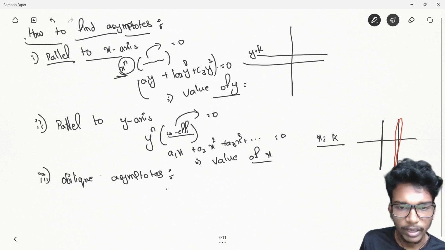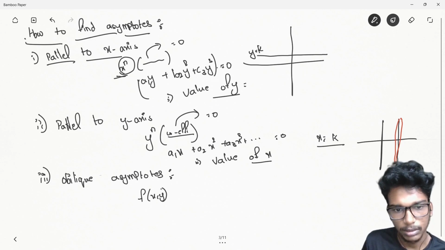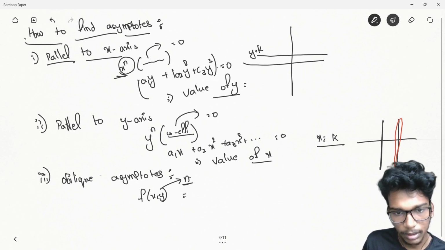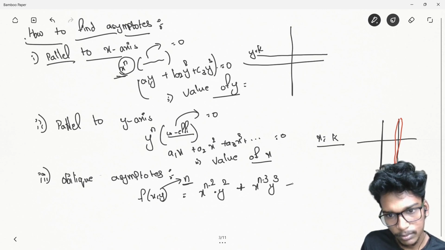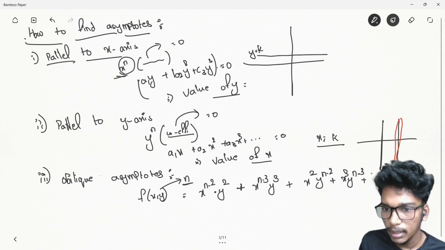The procedure to find these types of asymptotes is like this: if function f of x comma y is given to us, let its degree be n, that equals x power n minus 2 into y square plus x power n minus 3 into y cube plus x square into y power n minus 2 plus x cube into y power n minus 3 plus.